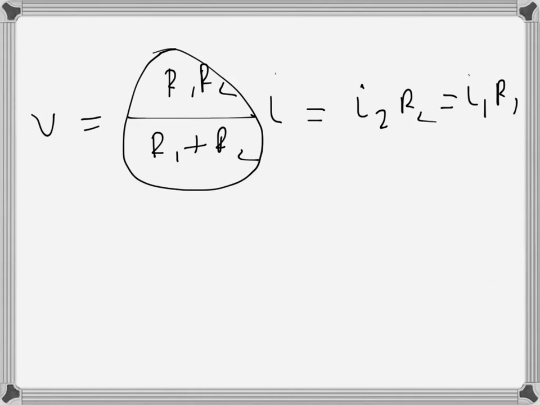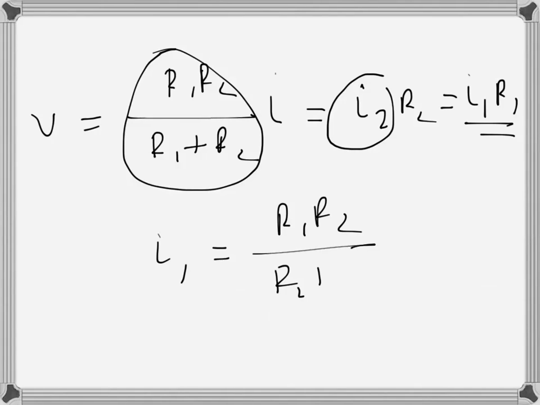Also, if we split them into the two resistances, then that will be I2 and R2. So now we can see, I1 is R1 R2 over R2 plus R1, divided by this R1, and then I is there, so R1 is gone.